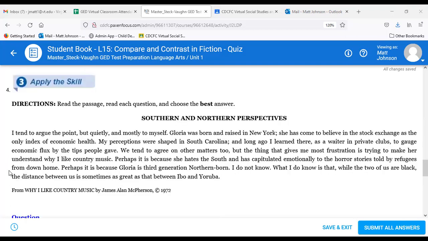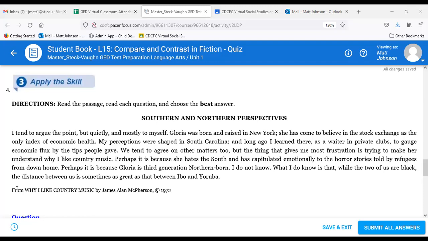Let's see. Grace, could you read "Southern and Northern Perspectives" for us? Okay. Read the passage, read each question and choose the best answer. I tend to argue the point, but quietly and mostly to myself.